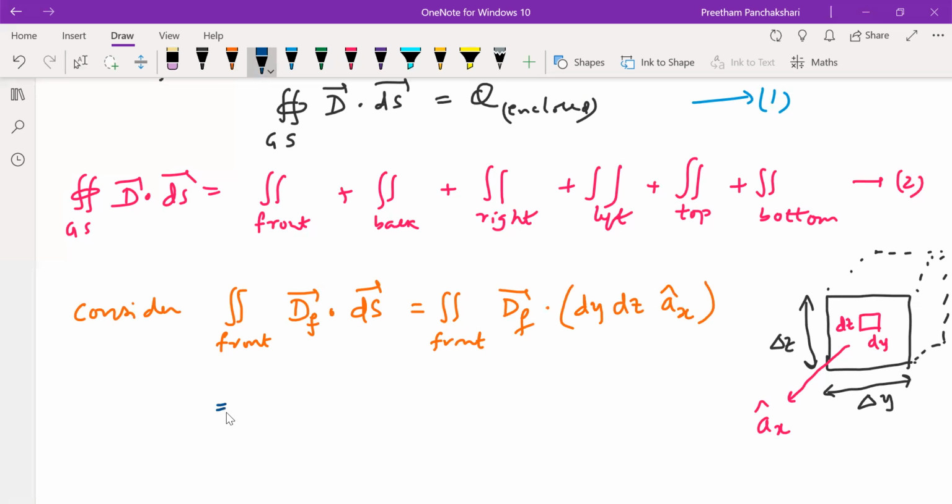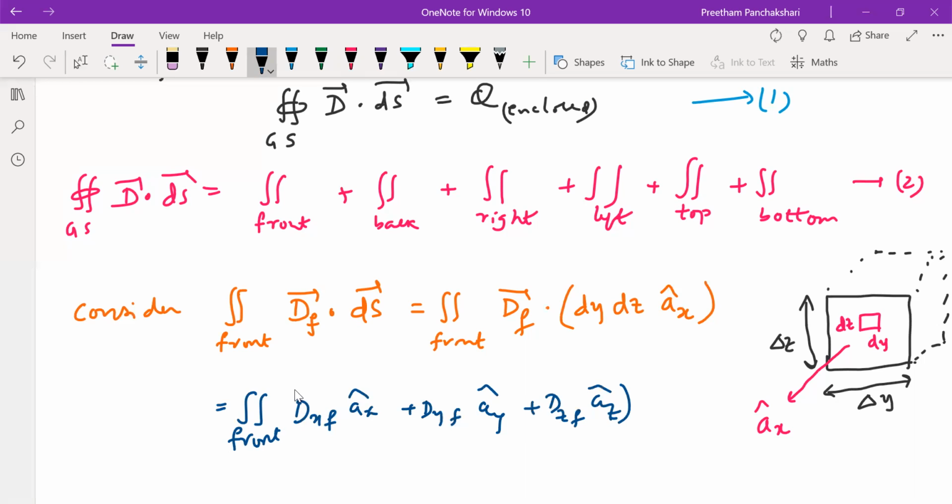In the next step of the integration here, the D vector is also having three components. It's a vector, it has x, y, z components. So we can expand D_F as D_xF a_x plus D_yF a_y plus D_zF a_z.